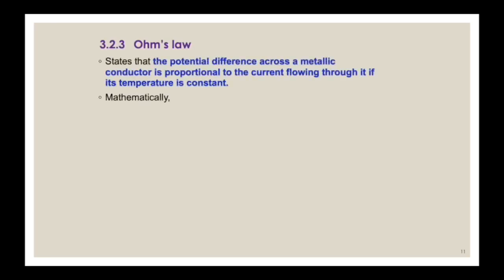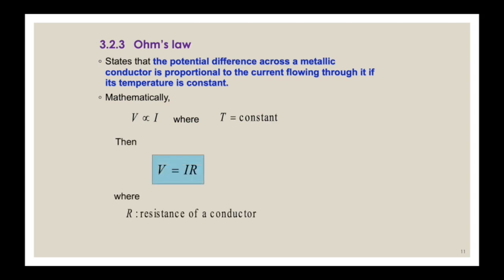Next is Ohm's law. Ohm's law states that the potential difference V is directly proportional to current. So V is equal to IR, where R is constant. V is potential difference, I is current, and R is resistance.